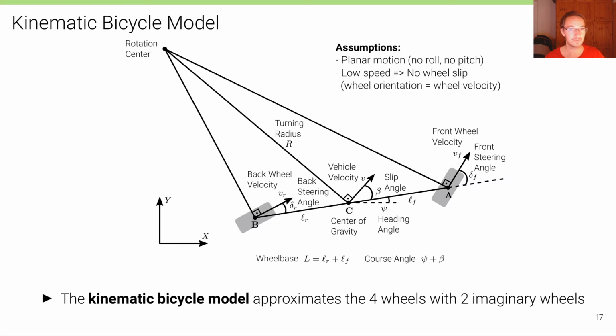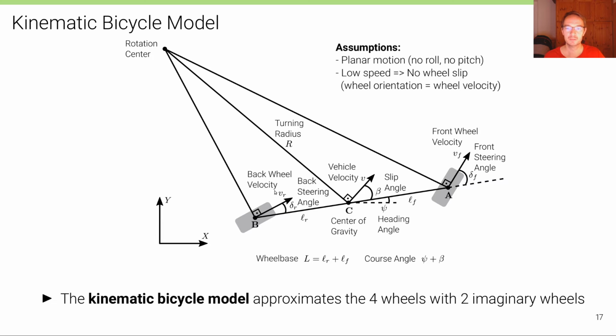Now, of course, in practice, we do have slip. Wheels don't move into the direction that they are facing. They can deviate quite strongly if you think about drifting maneuvers. But we are not considering this for the kinematic bicycle model. We're going to consider that later.